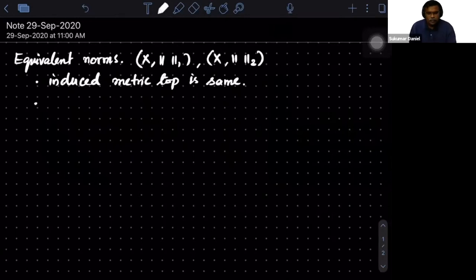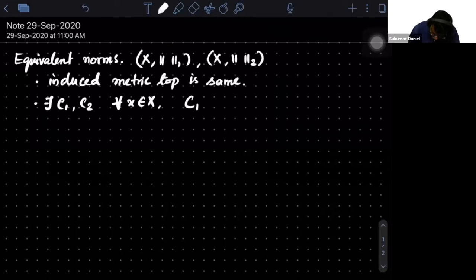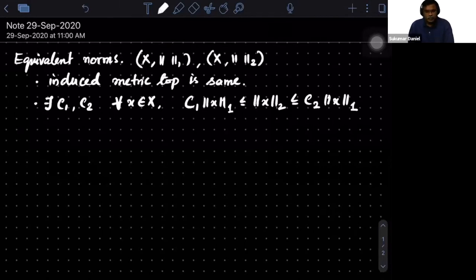And which turned out to be saying the following: that if you can find two constants, say C1 and C2, such that for all x in the space X, this inequality holds: C1 times norm x1 is less than or equal to norm x2, which is less than or equal to C2 times norm x1.